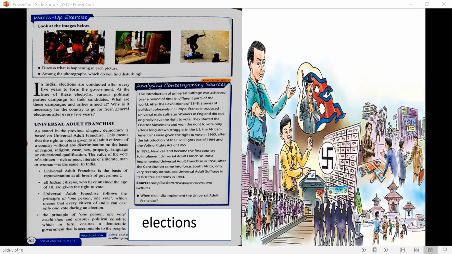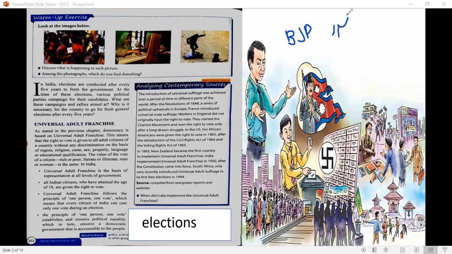Talking about how political parties campaign for their candidates, they are actually forming campaign parties. We can say the political parties that you have learned in your classes, like BJP. We can also see different types of parties in our society, or in our areas, and we have different types of symbols for them also.